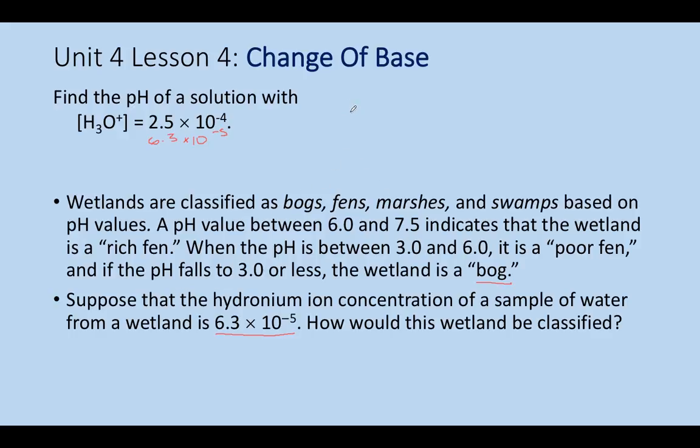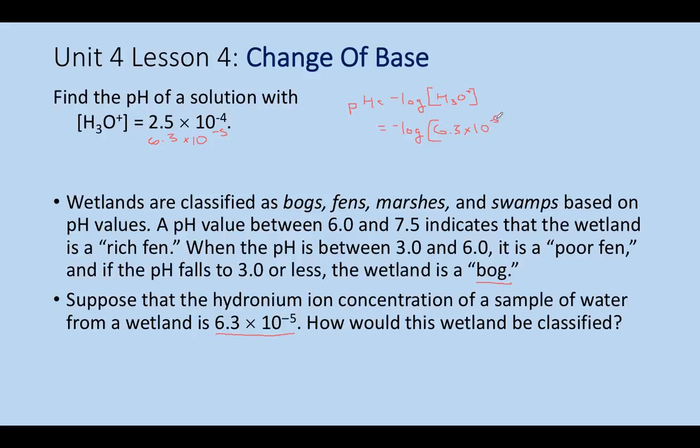The formula that you need to remember here is the pH is equal to the negative log of the H3O plus concentration. So in this case, the pH is going to be negative log of 6.3 times 10 to the negative fifth.